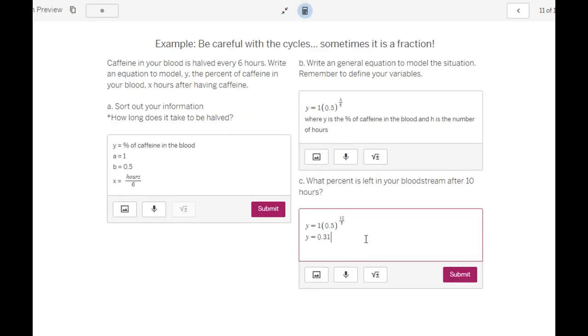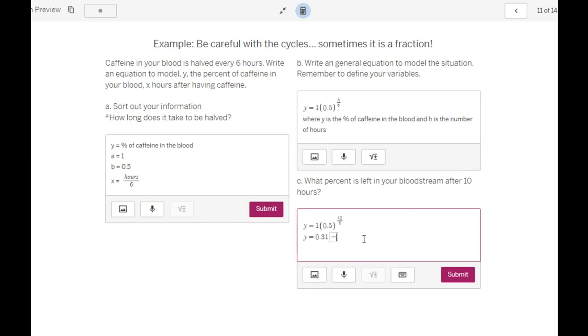And this is the percent, but represented as a decimal. Okay, so let's convert to percent. We're going to multiply it by 100. So we could say 31% of caffeine remains in the blood after 10 hours.